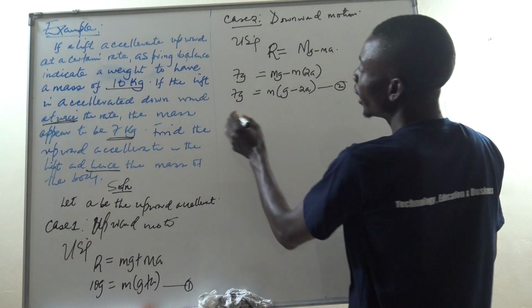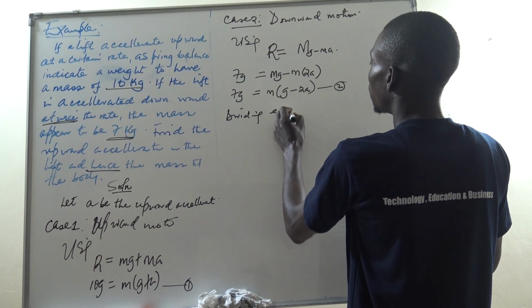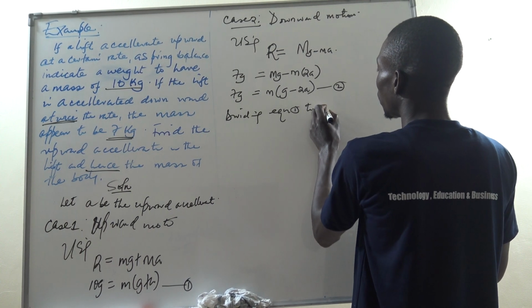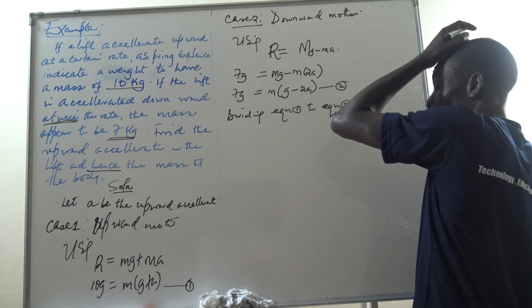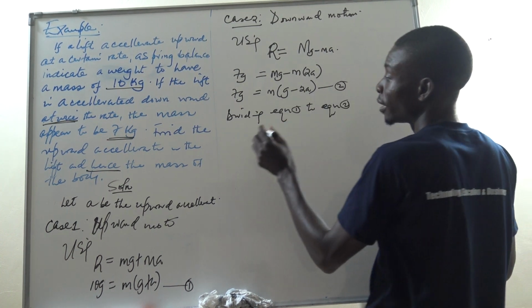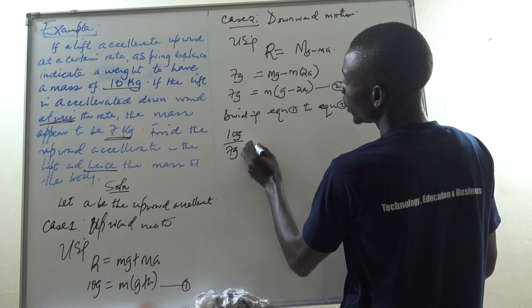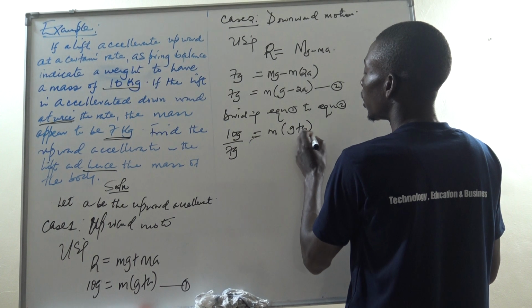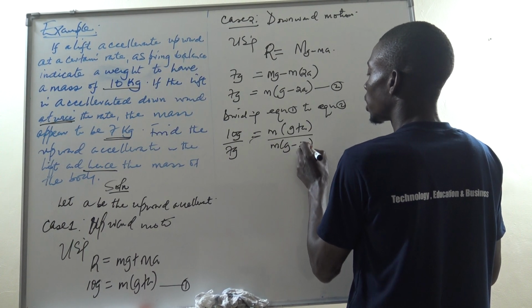And then I can say, dividing equation 1 by equation 2, we shall say 10g out of 7g should be equal to m into (g plus a) out of m into (g minus twice a).